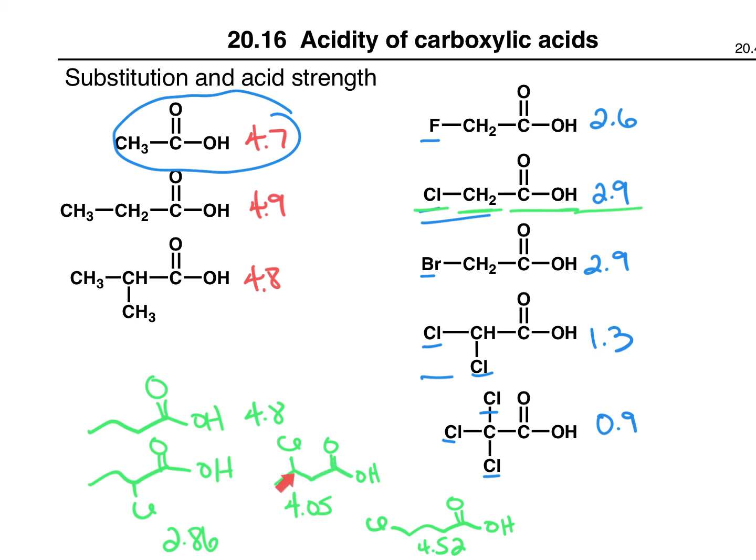Having the chlorine further removed, it has a smaller impact, 4.05 compared to 4.8. Right? As our electronegative group is further and further removed from the reaction site, it's going to have a smaller impact on the acidity. So it's important to keep in mind that inductive effect falls off quickly with distance.